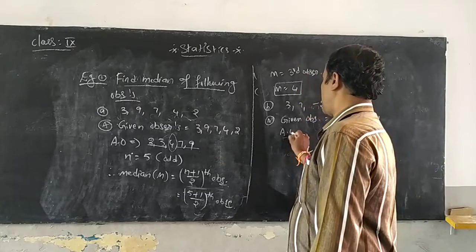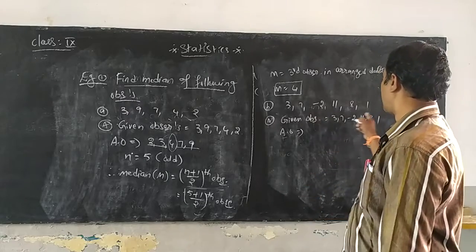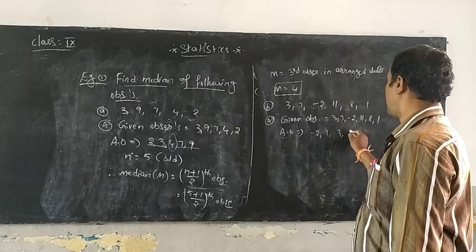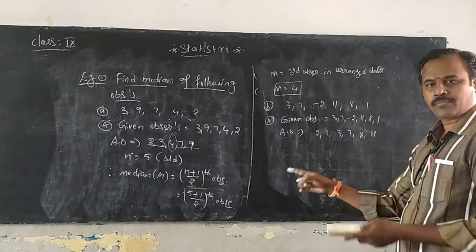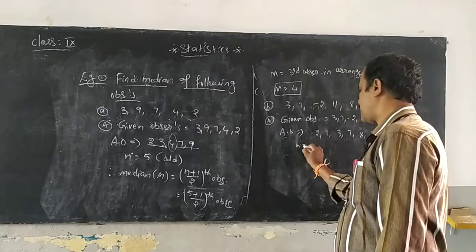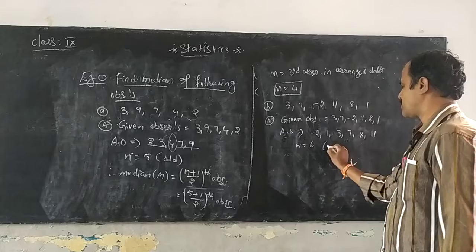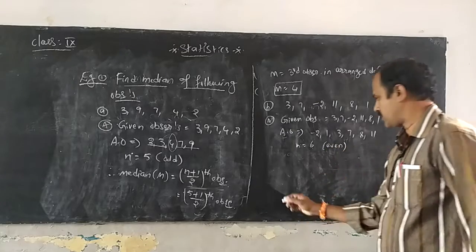If you write descending order also, you will get the same answer. Minus 2, 1, 3, 7, 8, 11. How many observations do you have there? So n is equal to 6 observations. It is an even number.